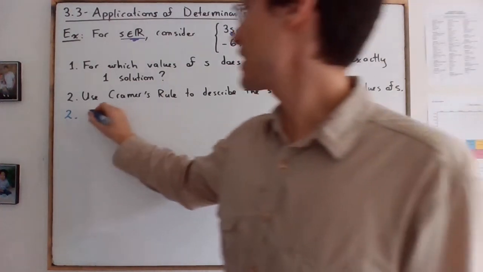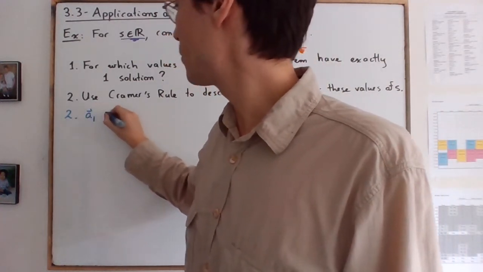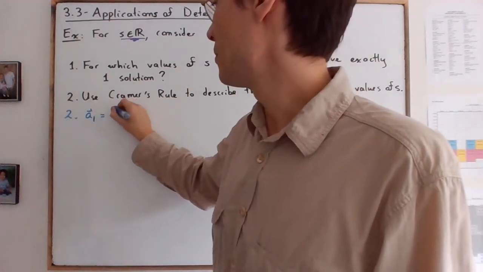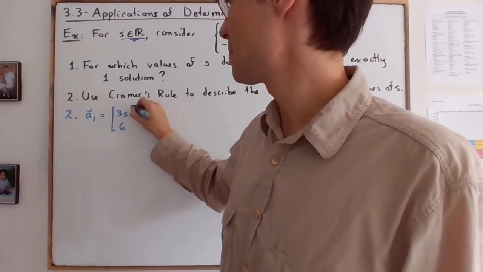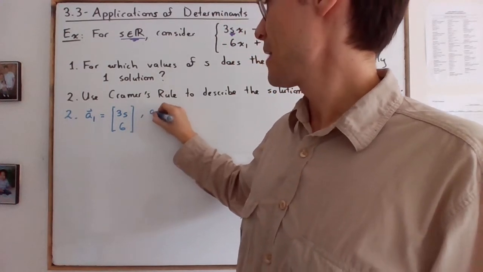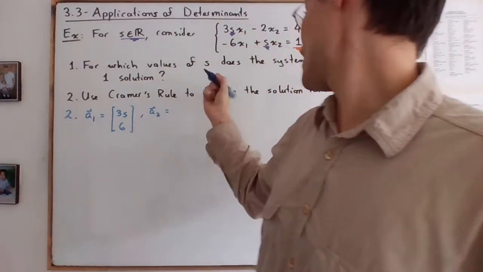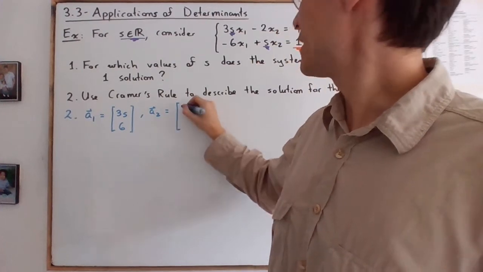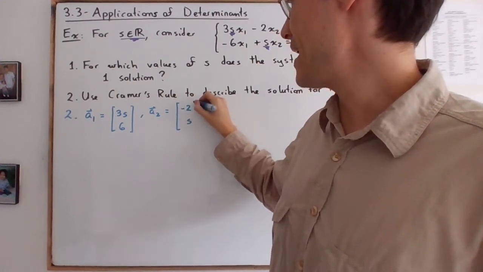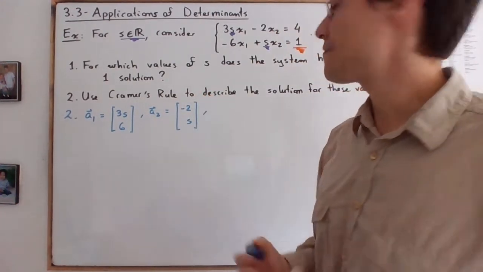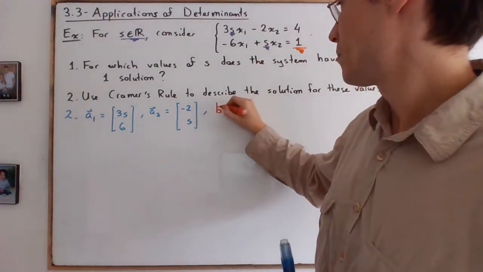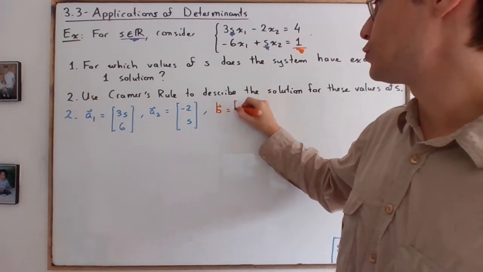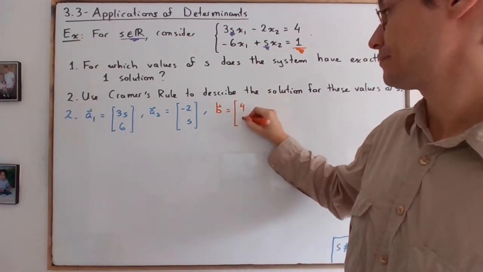We have that A1 is (3s, 6). A2, the second column, is (-2, s). And finally, b, the orange vector, is equal to (4, 1).